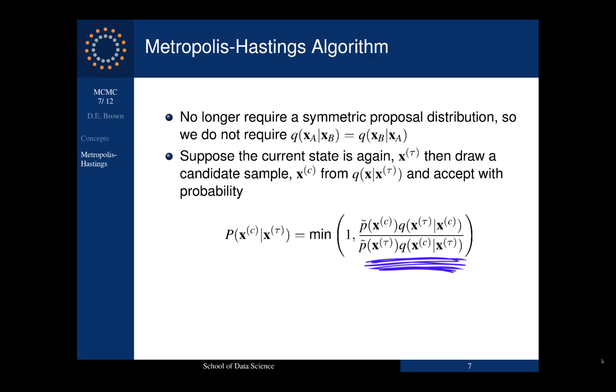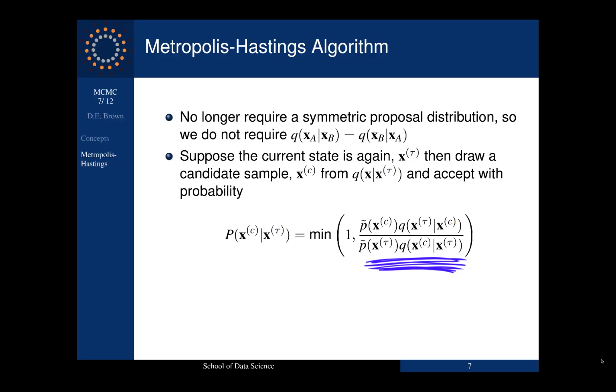So in the numerator, it's times the proposal distribution for going from the candidate location, xc, to the current location, x tau. So that's q of x tau given x candidate. That's in the numerator. And then in the denominator, we have the proposal distribution x candidate given x tau, the current location, times P tilde at the current location.